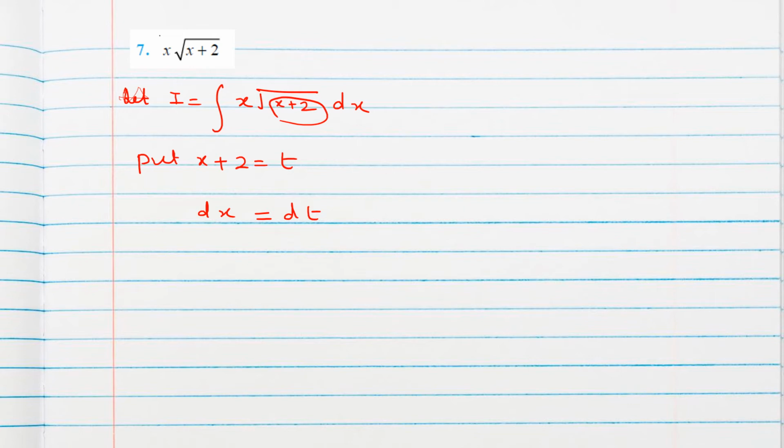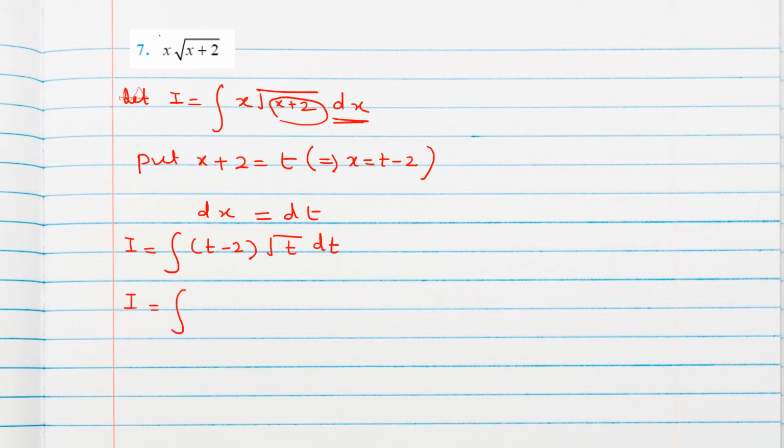Derivative of 2 is 0. So now our integral will become, see, x is there, so can we write x in form of t? Yes. From this expression we can write x as t minus 2. So here we'll write t minus 2, root of this whole expression we substituted as t, and dx we can write dt.